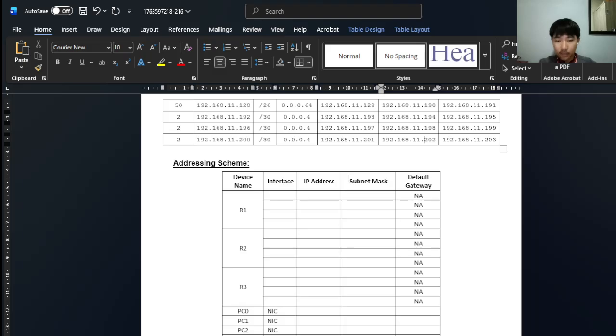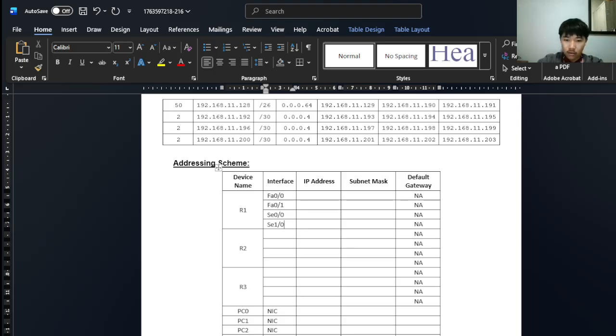For the interface, let's input FastEthernet 0/0, then FastEthernet 0/1, then sorry, Serial 0/0, then for the next one Serial 1/0.